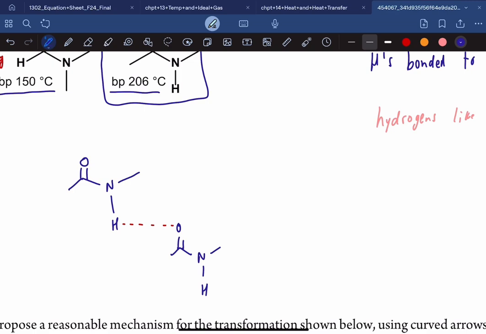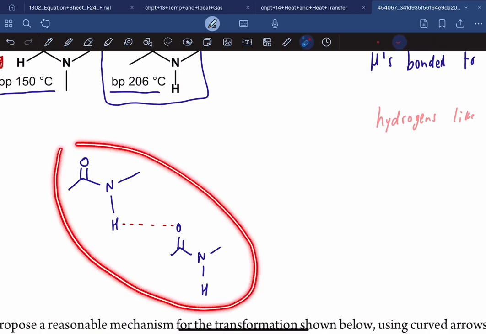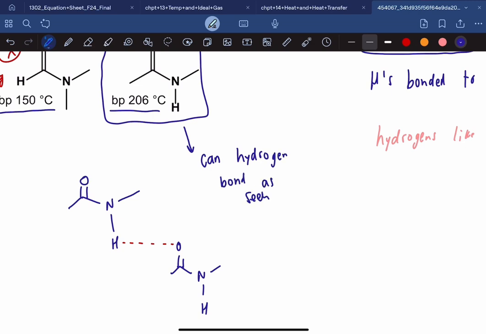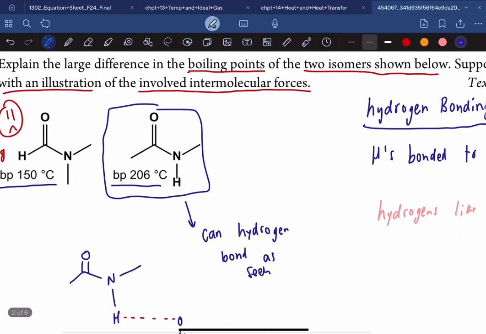All this is showing is that in a flask, there's a bunch of these molecules. And so whenever they come near each other, they can engage in this hydrogen bond between this O and this H, okay? And so all you got to write then is this can hydrogen bond as seen. And this one we already said cannot, okay?